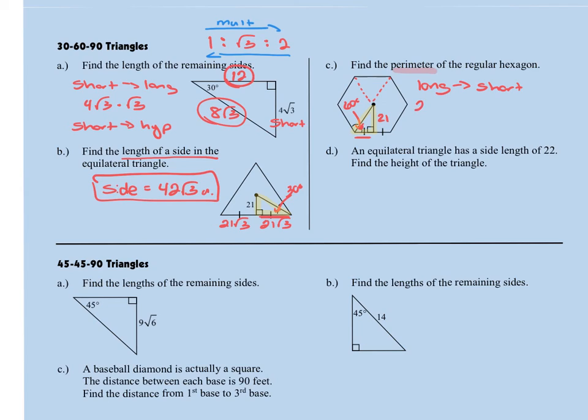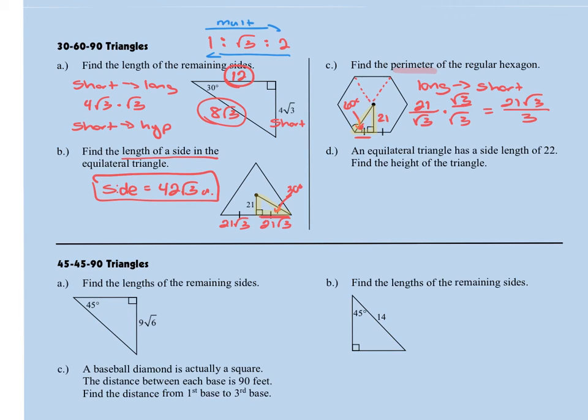So I'm going to take my 21, I'm going to divide by the radical 3, and now I need to rationalize. It's kind of an old school mathematics thing, but we're going to rationalize by multiplying top and bottom by that radical 3. That's going to give us a 21 radical 3 over 3. And then, of course, algebraically, we can reduce the 21 over 3.